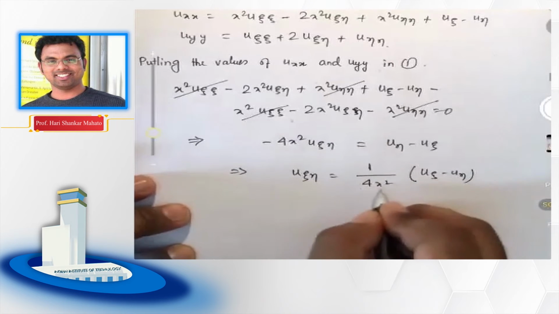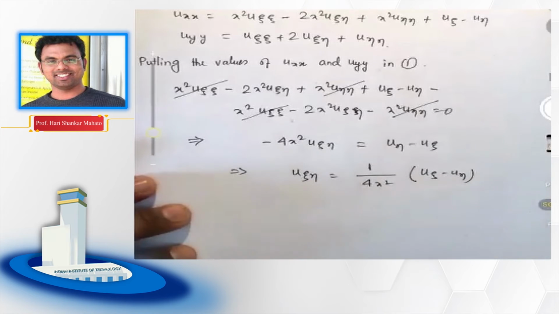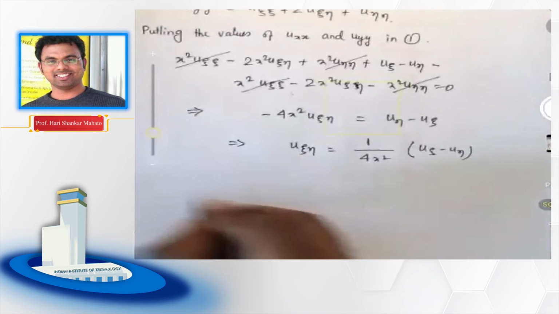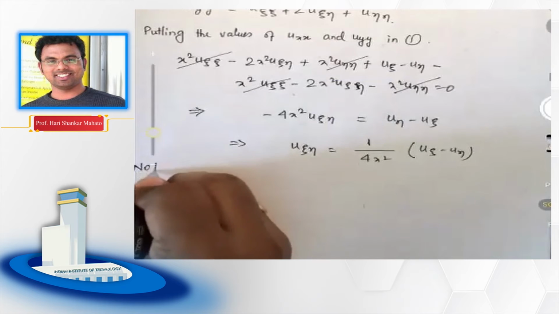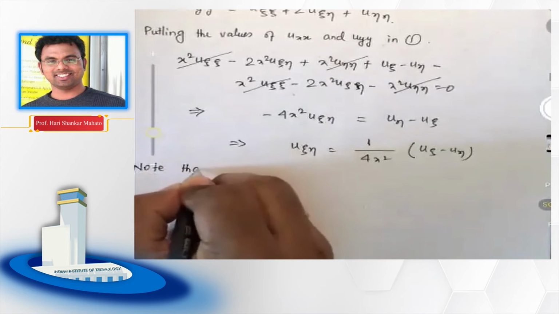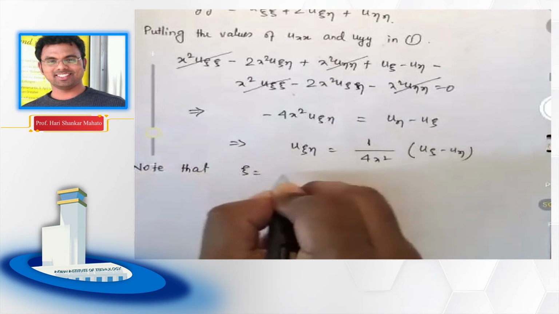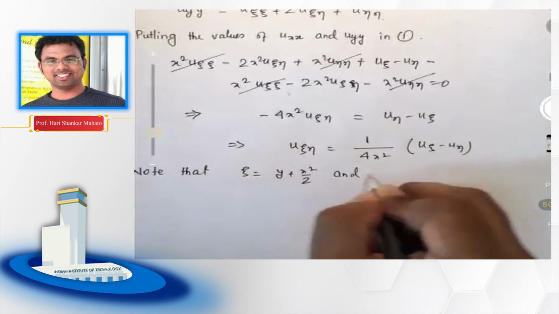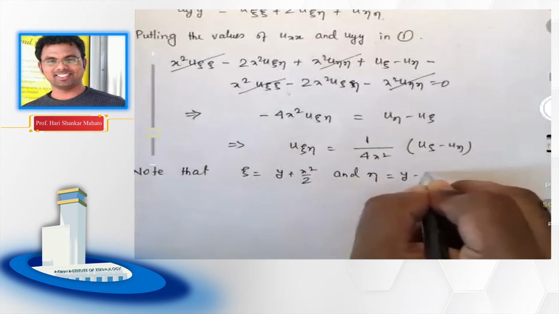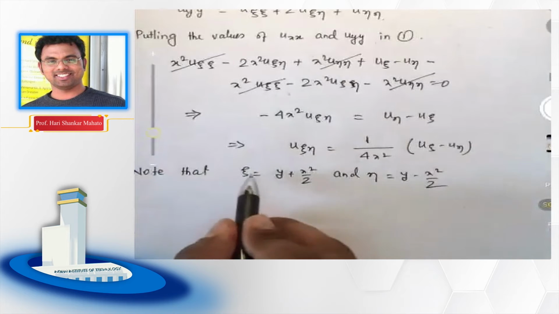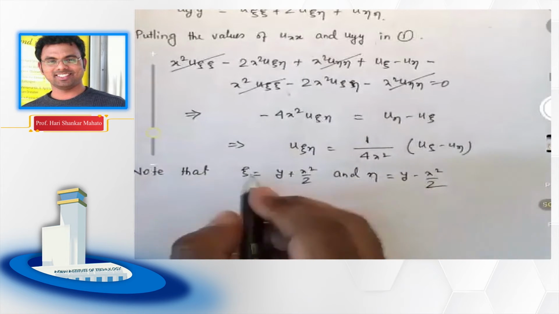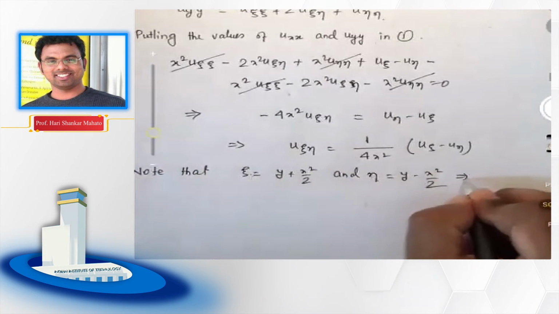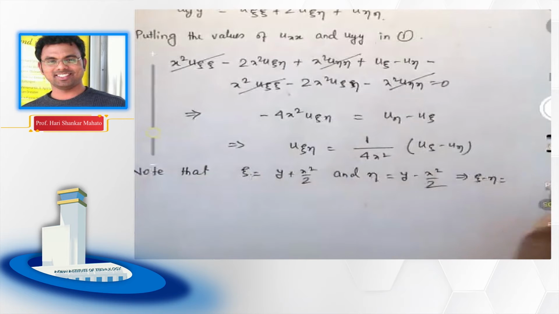But the thing is, we cannot have x anymore since everything is now in terms of xi and eta. So note that we have xi equals y plus x square by 2, and we have eta equals y minus x square by 2. So if I subtract this from this, then I will have xi minus eta equals simply x square.